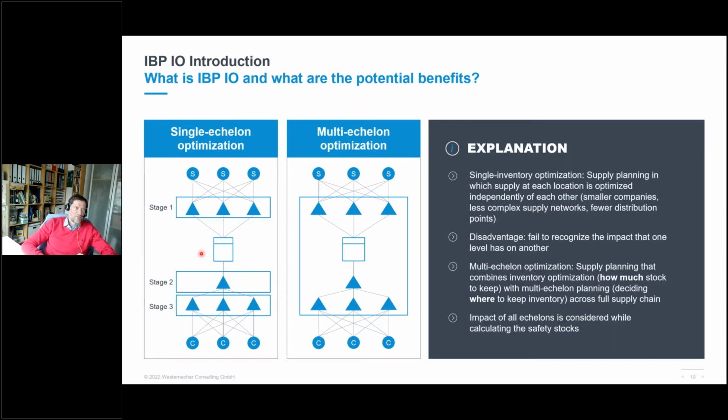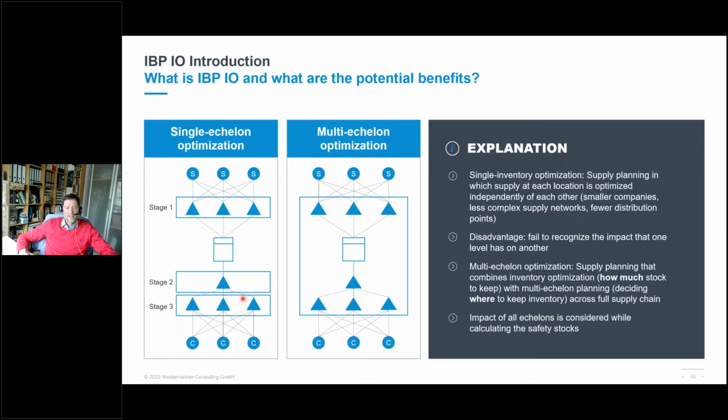So if you have only a 2-level bill of distribution or sometimes a 3-level, that comes up with very good results. But of course, it does have the disadvantage that the impact of the other levels cannot be taken into account for a certain level.